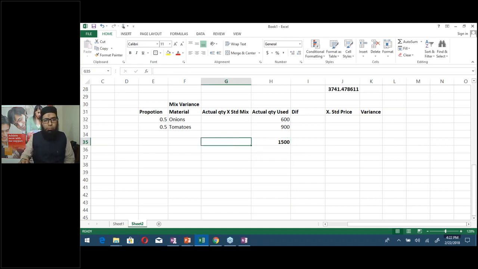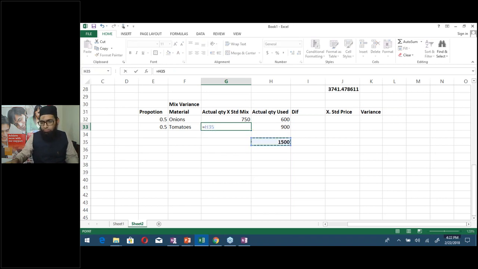Now I will multiply the total usage with its proportion. And this will be known as actual quantity into standard mix. Yes, it will be 750. So 1500 multiplied by 0.5 is 750.